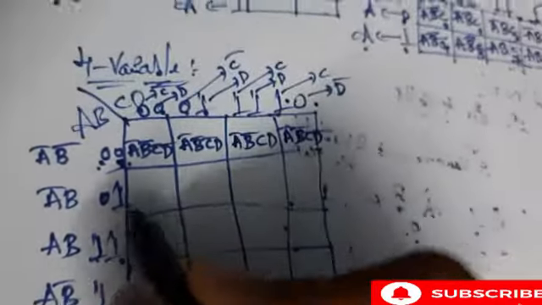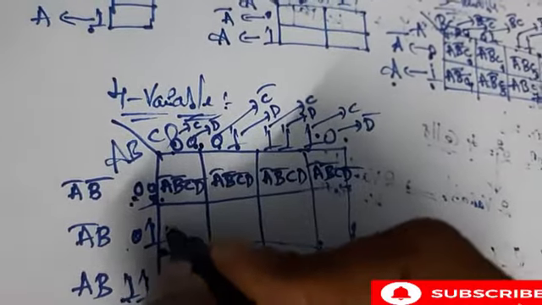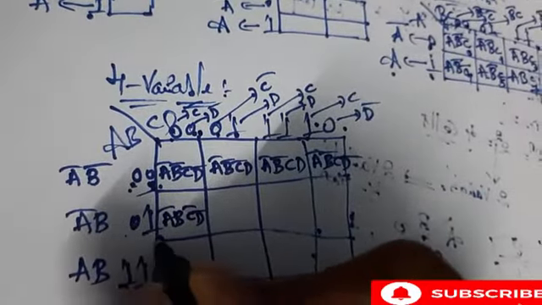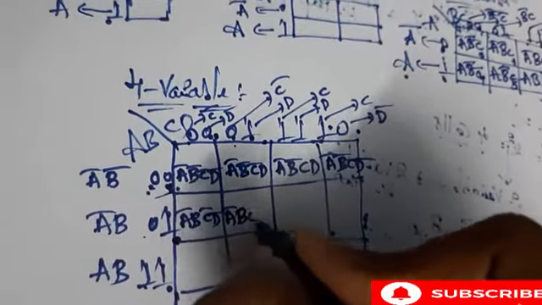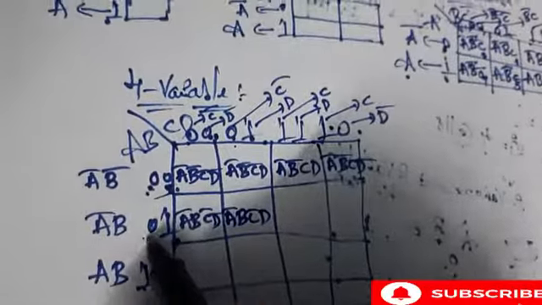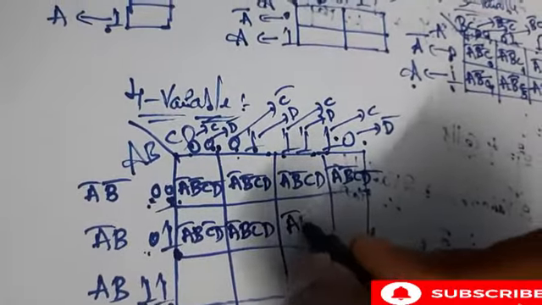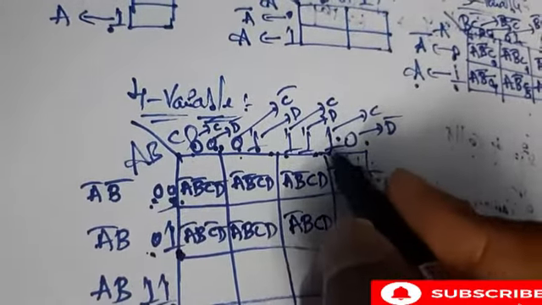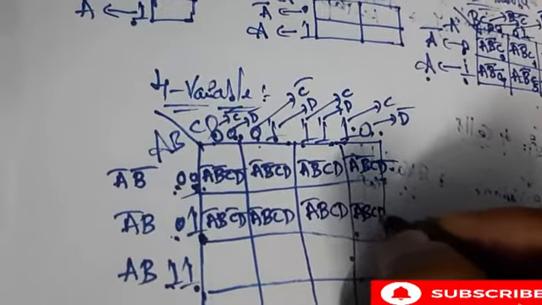Next 0 1 0 0, A bar B C bar D bar. Next 0 1 0 1, that means A bar B C bar D. Next 0 1 1 1, that means A bar B C D. 0 1 1 0, means A bar B C D bar.